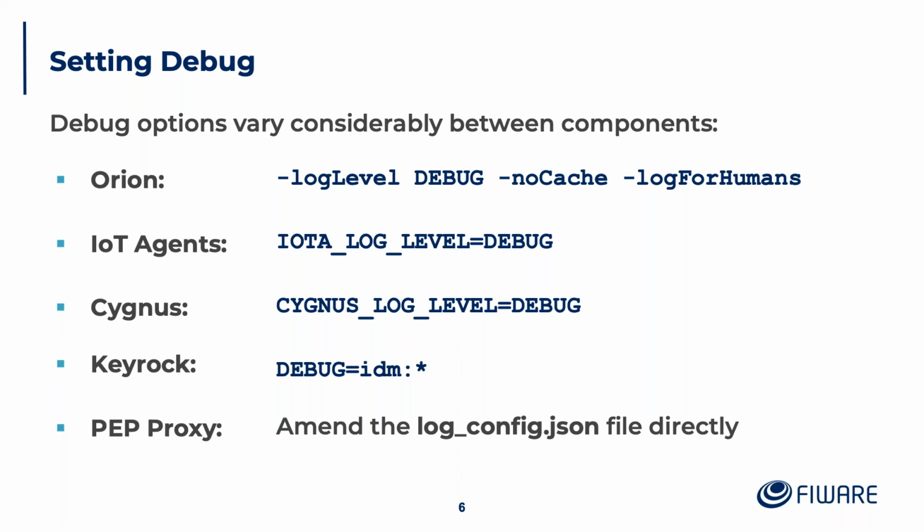The reason behind this is that FIWARE is an open source system which is contributed by multiple different companies, and is based on multiple different technologies. So the actual way to set up debug will depend on what system is being used to get that through. In order to check what's going on, it's always worthwhile looking at the documentation.